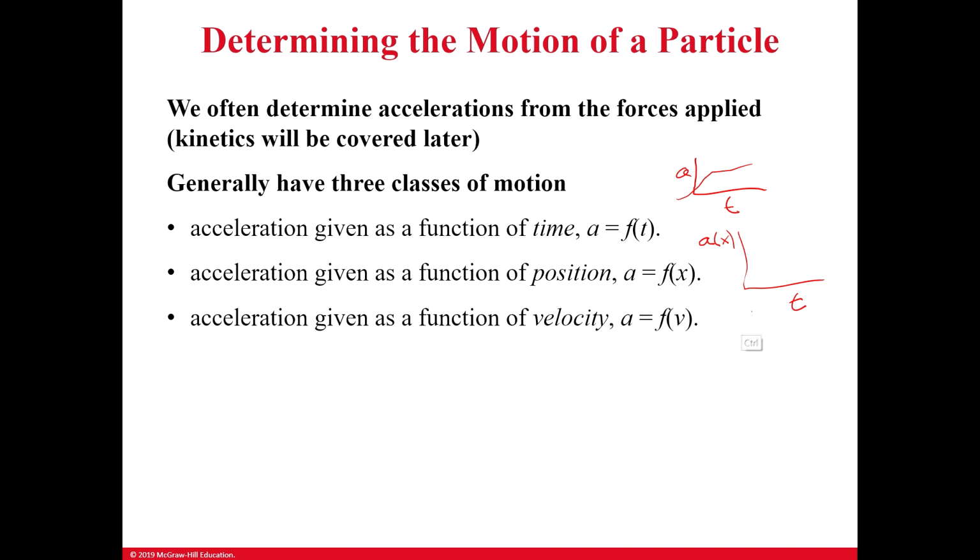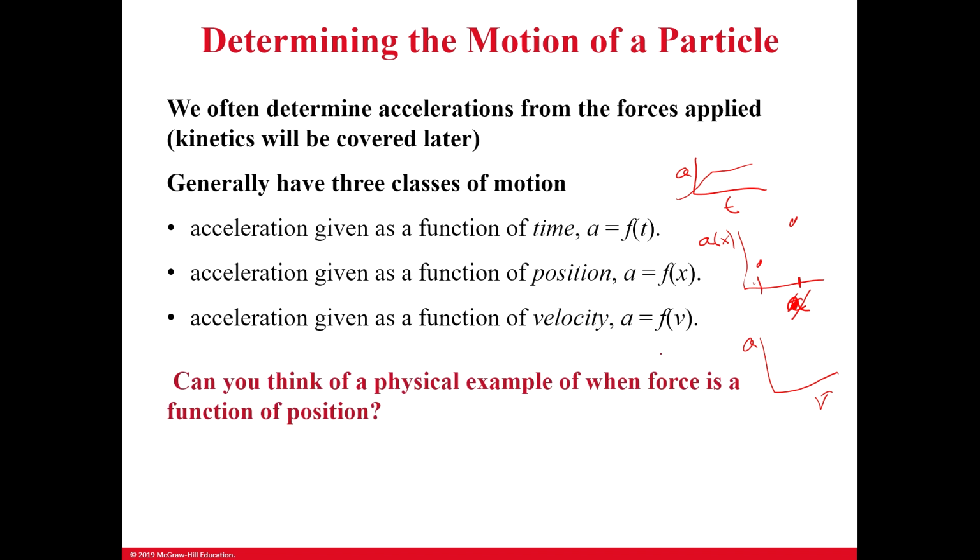Or actually, no, that's not what that means, sorry. x and acceleration, yeah, so the change in position and acceleration. So whenever you have 2 meters, what is your acceleration? 1 meter per second squared. At 5 meters, what's your acceleration? And you can also have your acceleration as a function of velocity. So be careful with what they're giving you.